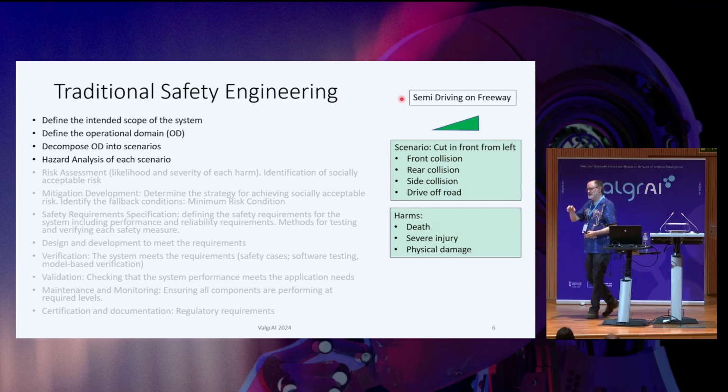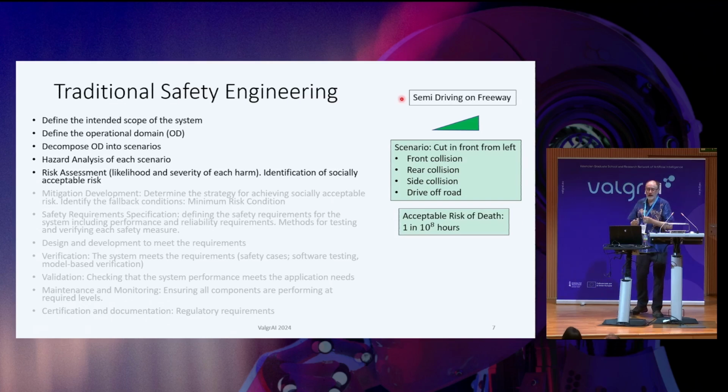A hazard in this field is a set of states that will lead with high probability to a harm. So we go from the harms, which are kind of the results, to the set of states that would lead to that harm. And then we try to do a risk assessment. In traditional safety engineering, the focus has primarily been on the physical components of the system.